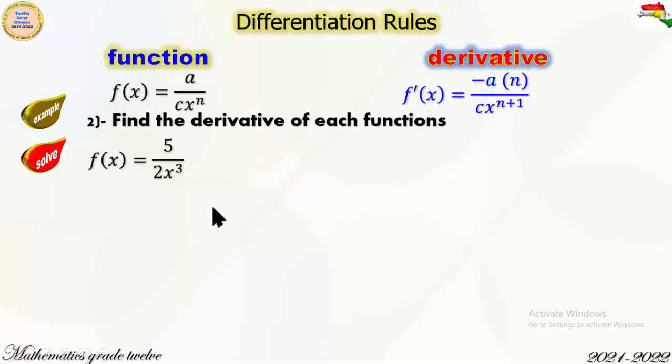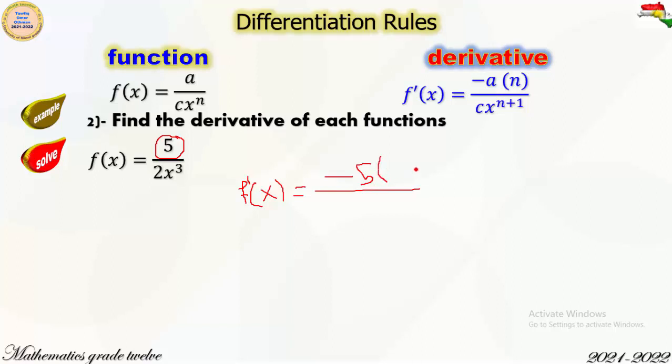Here, if you want to find the derivative of f of x equal to 5 over 2 x to the power 3, you can do that. F prime of x is equal to, first of all, write minus. Then write the number at the numerator, 5.